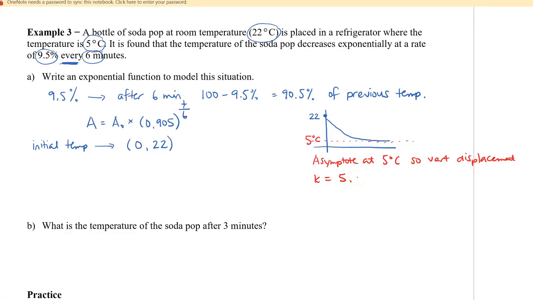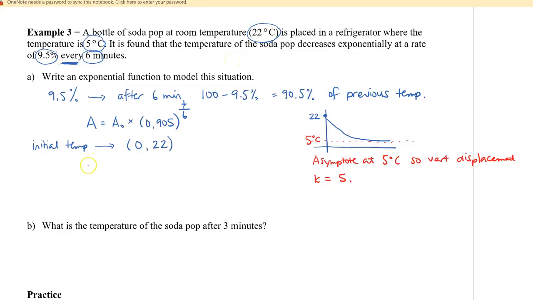Now, this only applies to temperature questions because there is an outside variable that is influencing the temperature of that object. So I'm going to rewrite my equation here, and figure out what that initial temperature is. We know that the initial temperature is 22, but because of the surrounding temperature, it changes a bit.